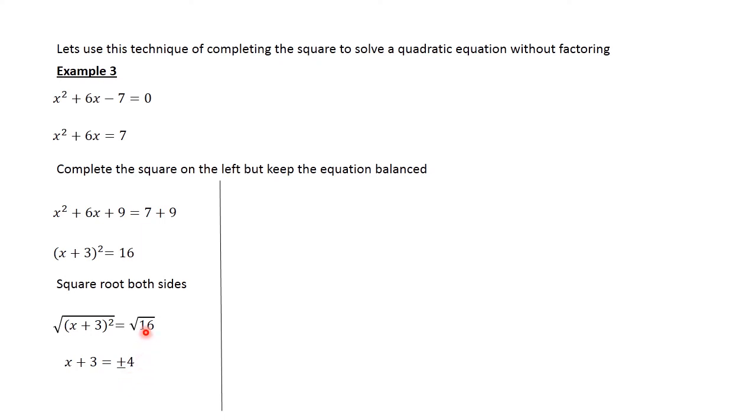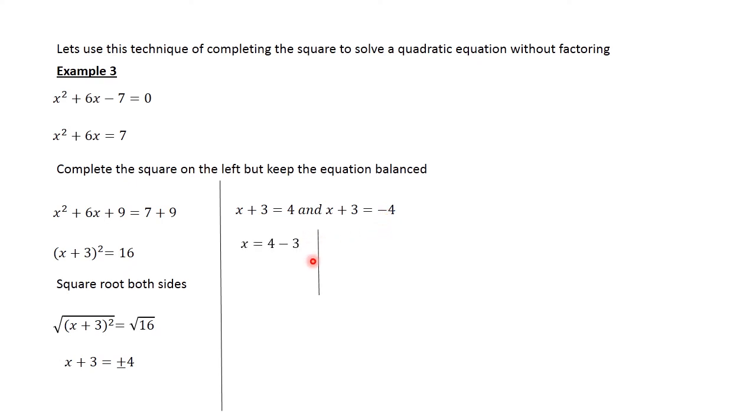So the square root of 16 is actually plus 4, but also minus 4. So here's what this means. We have two answers. We have that x plus 3 is equal to a positive 4, and x plus 3 is equal to a negative 4. That's where the plus and minus 4 went. Two equations. The same x plus 3 is equal to both of them. It's equal to positive 4 and negative 4.